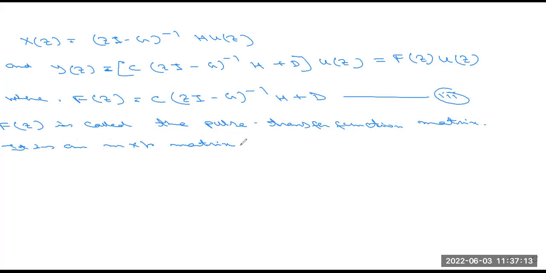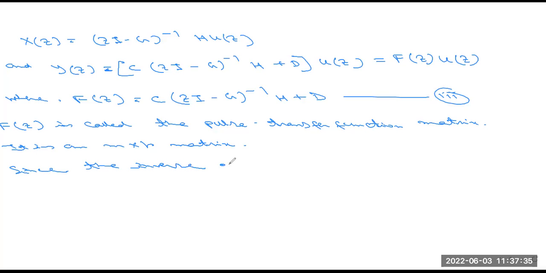So this pulse transfer function F(z) characterizes the input output dynamics of the given discrete time system.